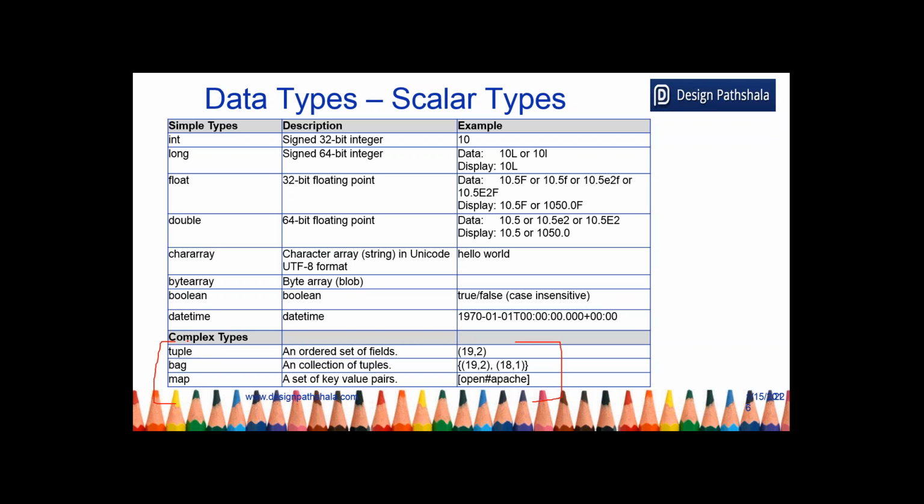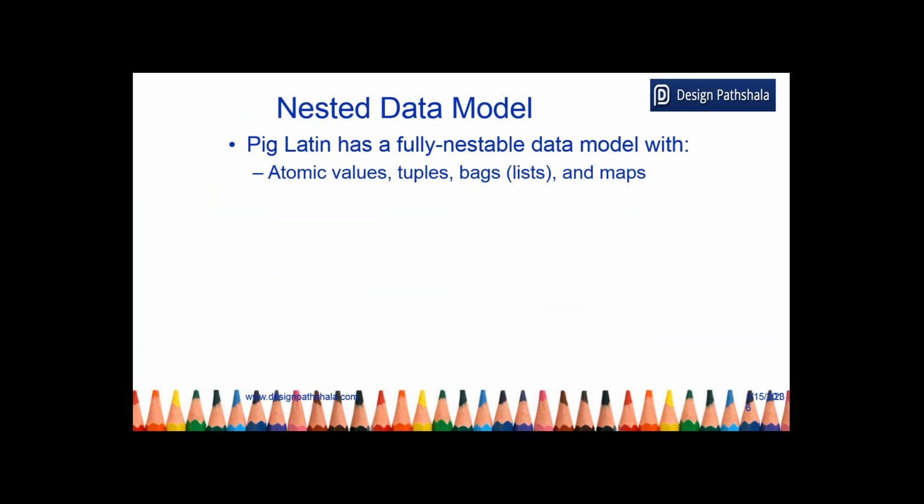So these are three complex data types supported by Pig, other than the common ones. We'll show you the tuple, bag, and map also later on in this session.